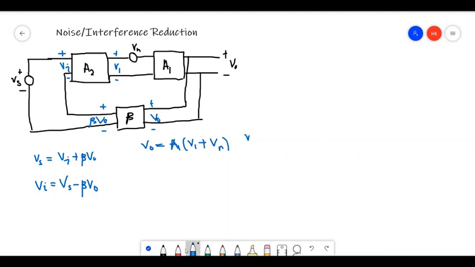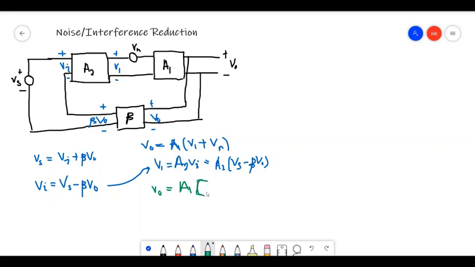And also V1 is this amplified version of Vi, so V1 will be A2 times Vi, or if I substitute this here, I can write V1 as A2 times Vs minus beta V out, right?